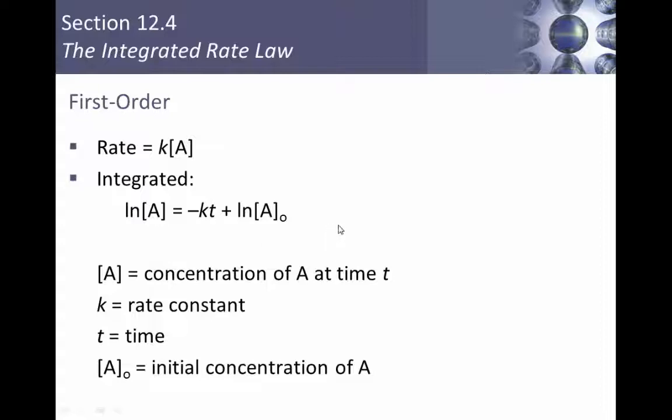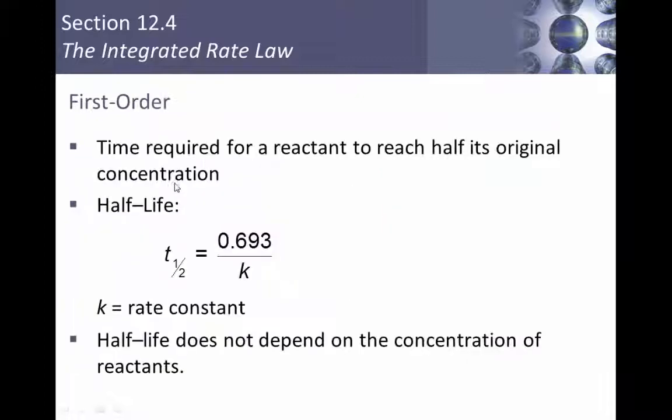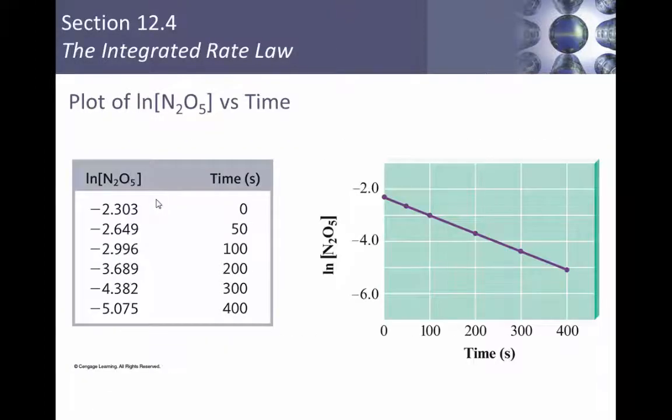Okay, and we'll get to the next slide. Okay, there we go. And what we're doing is we're taking from a previous podcast the concentration of that decomposition reaction. And we're going to take the natural log of that information, and so it turned into this information here.